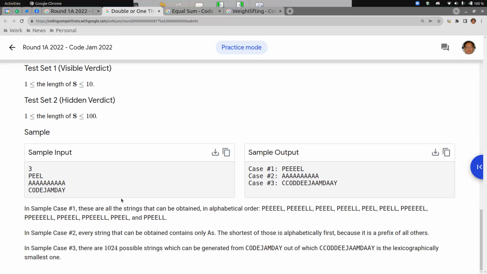And then the last one, Code Jam Day, it says that in case 3, there are 1,024 possible strings which can be generated, and out of all of that, this particular string is the one that is smallest. Okay, so that's the question. Are there any questions about what is being asked here?